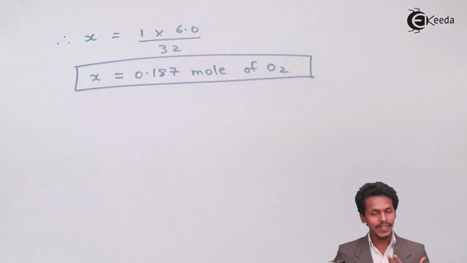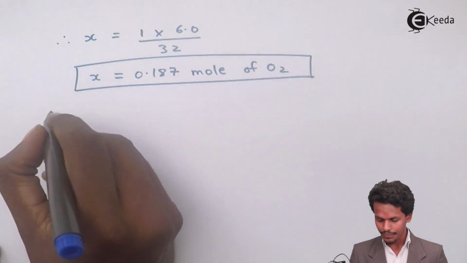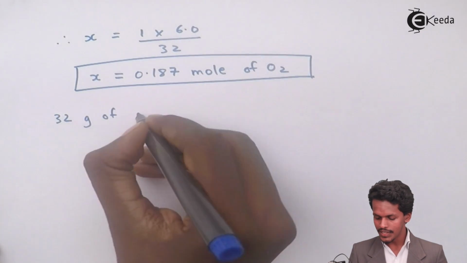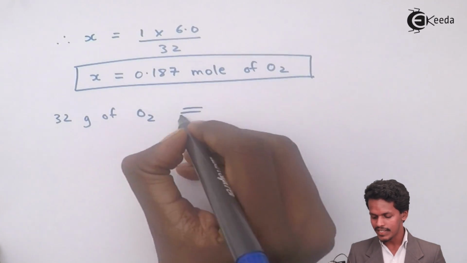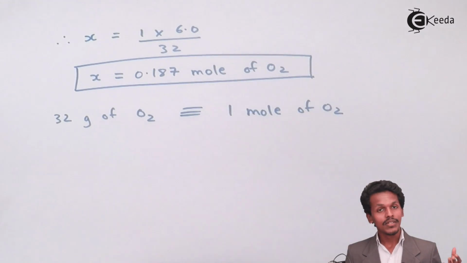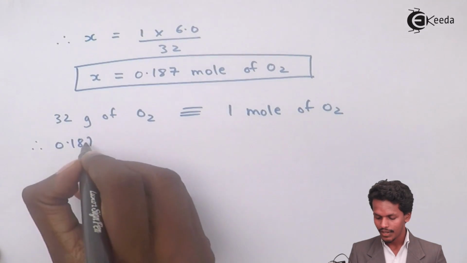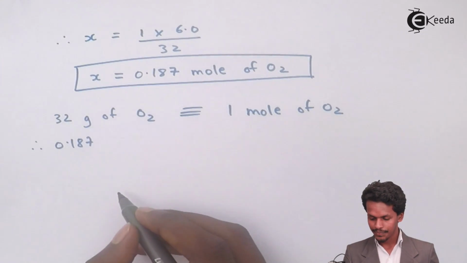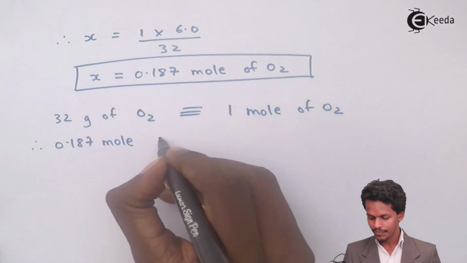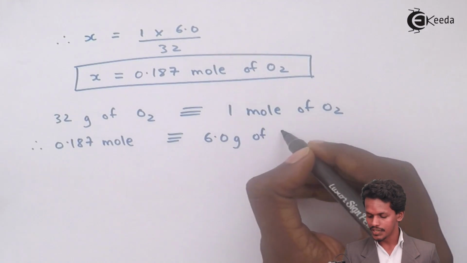Let me clear it once again. It says that 32 gram of oxygen is equivalent to 1 mole of oxygen molecule. Therefore 0.187 mole is equivalent to 6.0 gram of oxygen.